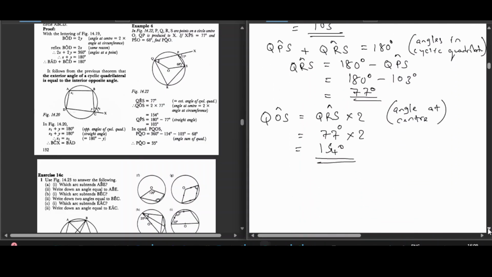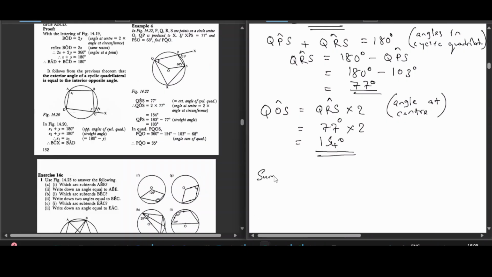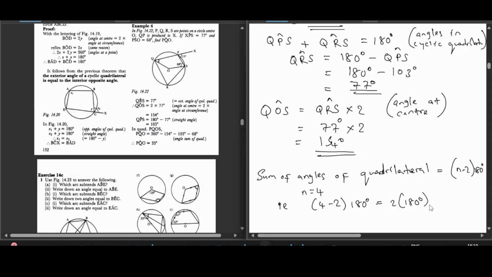But before we go there, we start by finding the sum of angles. This is something you should already know for a quadrilateral. The sum of angles of any shape is equal to n minus 2 times 180, where n represents the number of sides. So n is equal to 4 for a quadrilateral. That is 4 minus 2 times 180, which is 2 times 180, which is 360 degrees.